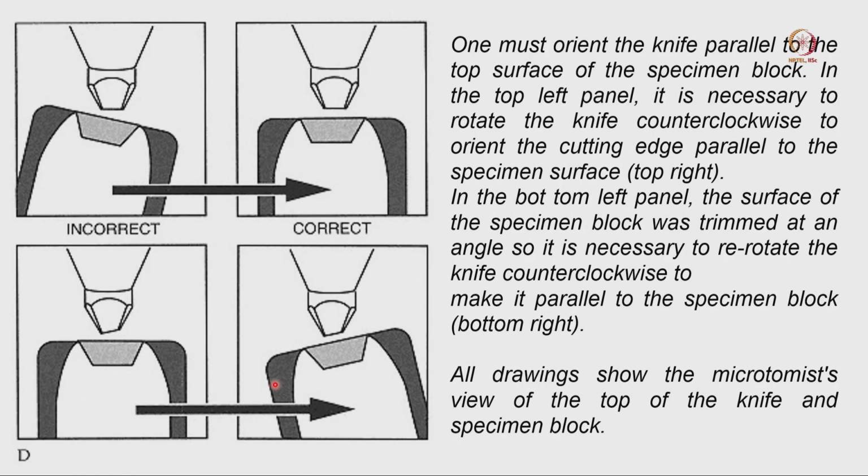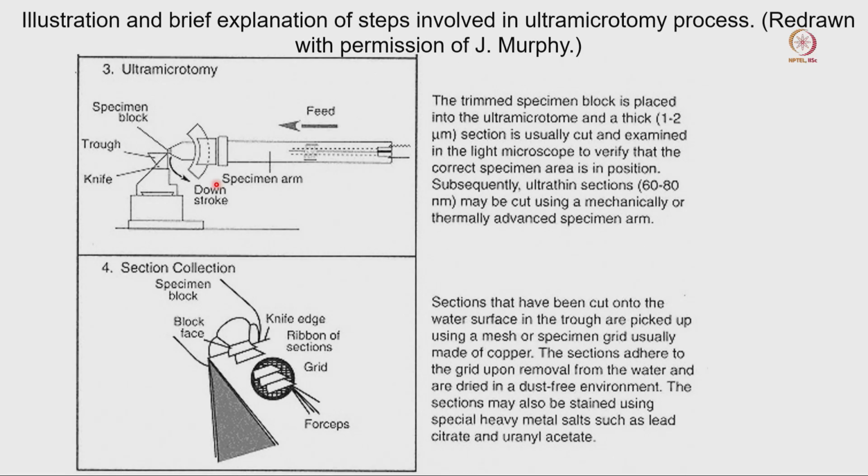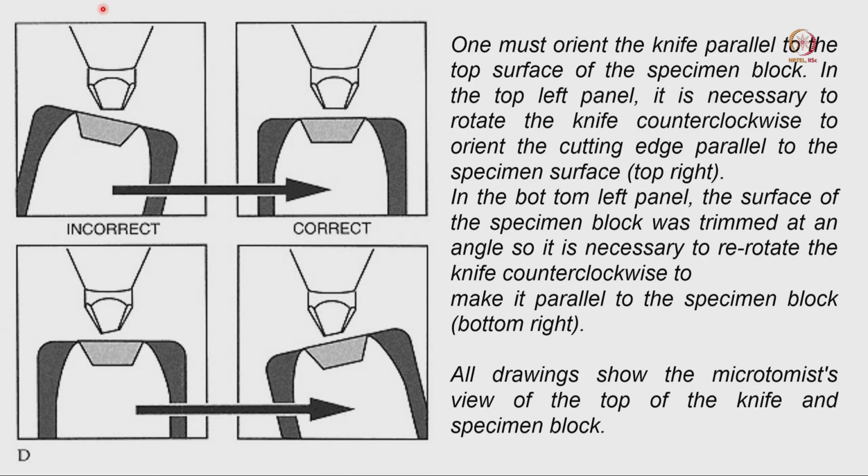Now, as I mentioned, there are a couple of important parts that we should all focus on. So, if this is our tissue sample, and we want to cut this tissue sample, and if this is the edge of the knife, how should our tissue sample and knife be positioned?